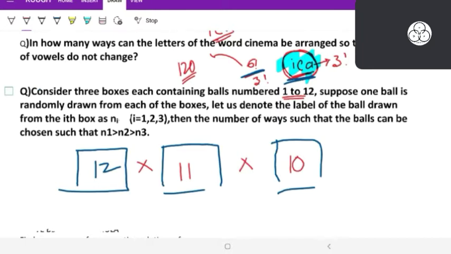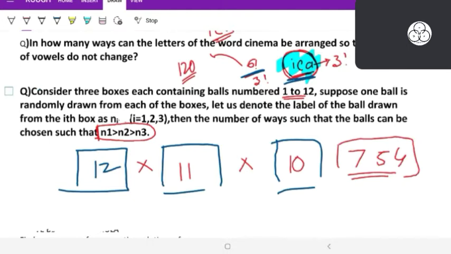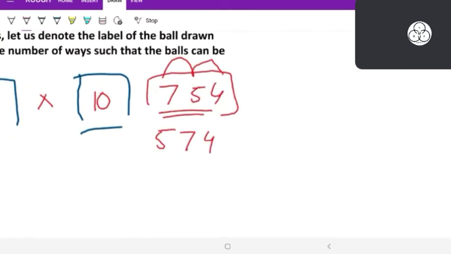But there is a problem. When we are doing this, the condition is not satisfied. Just say we are getting an arrangement 754. Well, this is satisfied. This is a satisfied expression. Let us rearrange this. We can get 574. We can get 475.